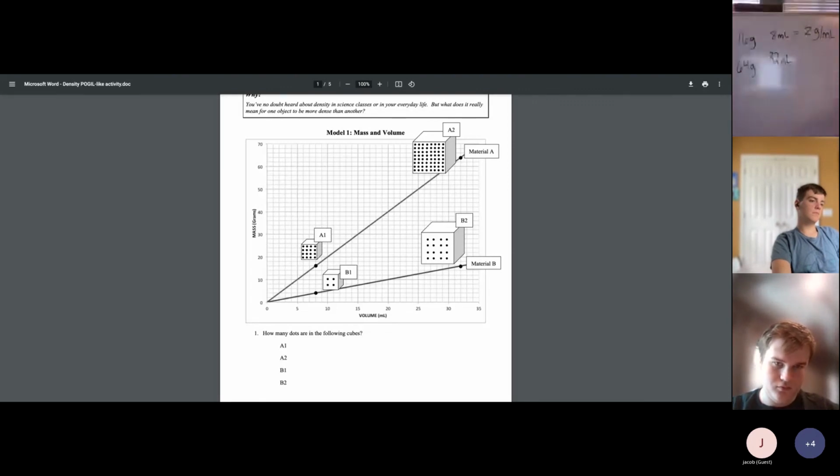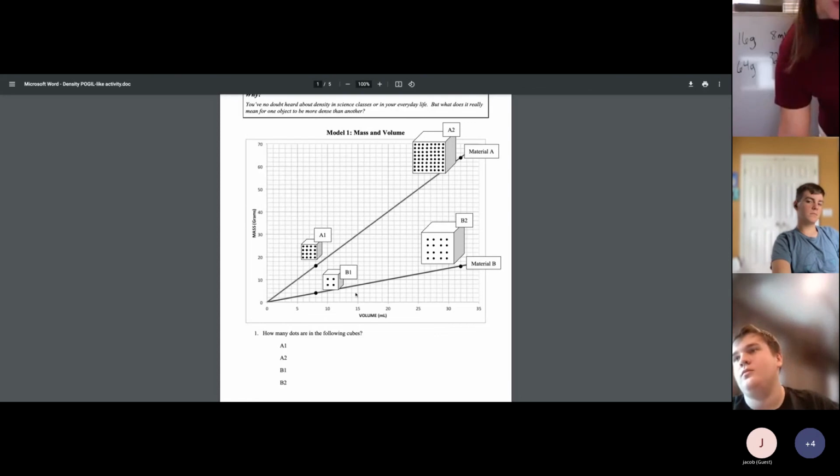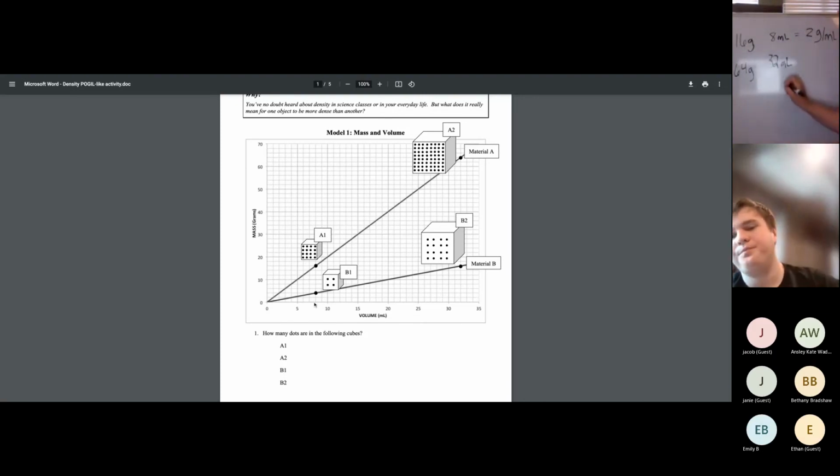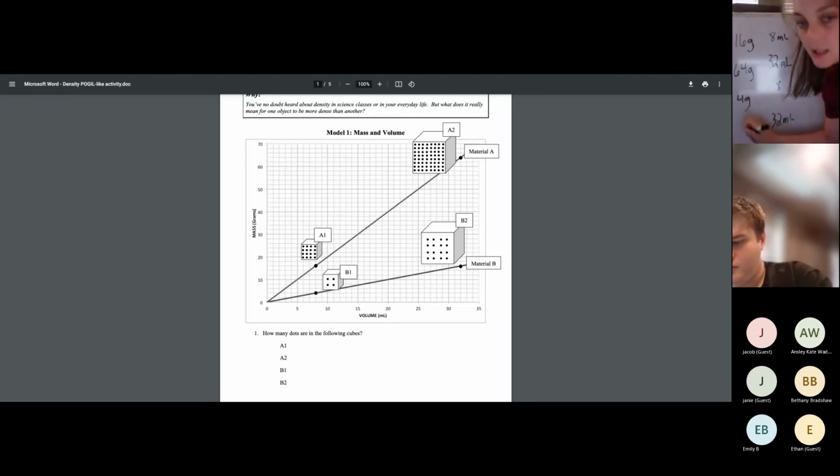We'll go ahead and get information for B1 and B2, and then we'll do the math together and I'll show you on my whiteboard. So B1 also had a volume of 8, and B2 had a volume of 32. And then our B1 had 4 grams and our B2 had 16.